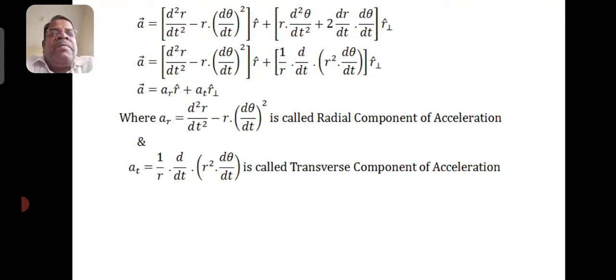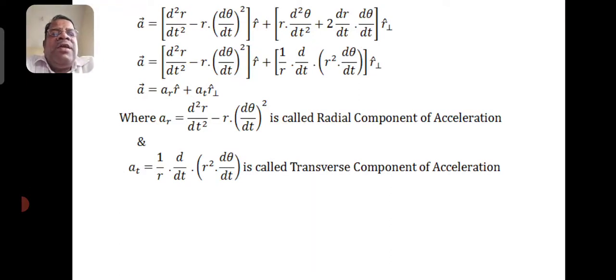In the next step, a equals, write the first term as it is. The second term, which is inside the bracket, can also be written as 1 by r into d by dt of r square d theta by dt. If you simplify that bracketed term, you get the above bracketed term.